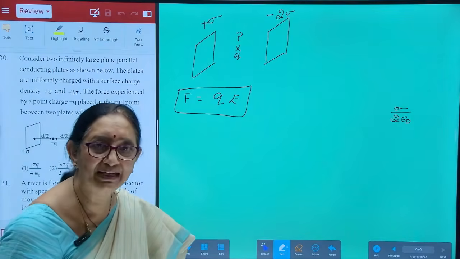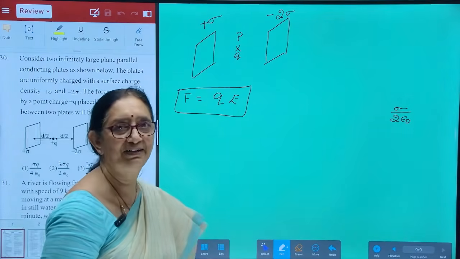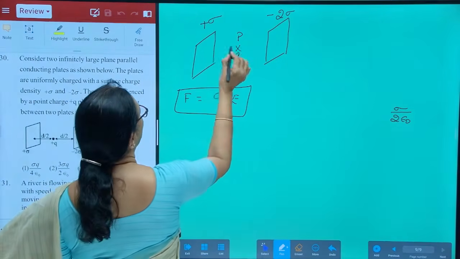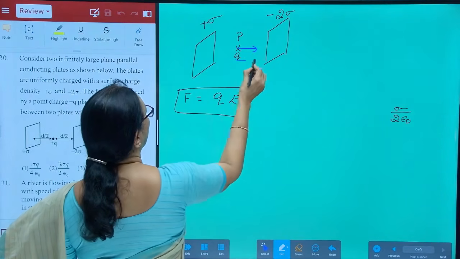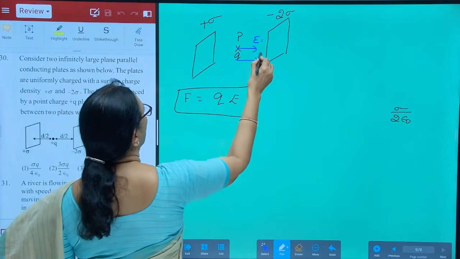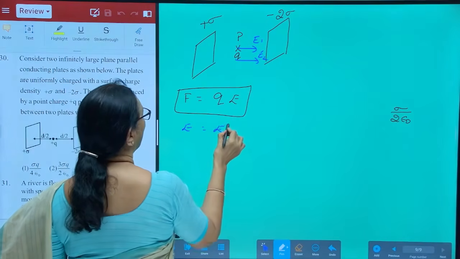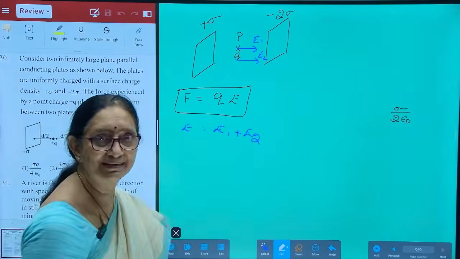So to find the force, we need the electric field intensity at that point. The field due to the positive charge is away, and due to the negative charge is towards, so both electric fields are in the same direction. The net electric field intensity is E1 plus E2.